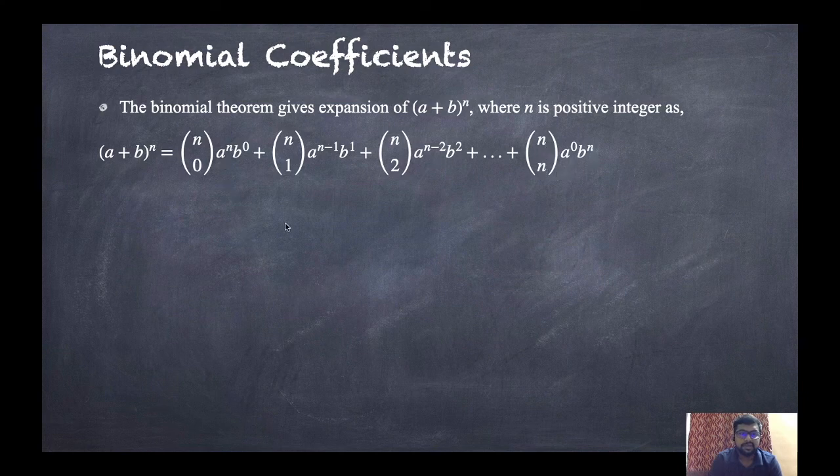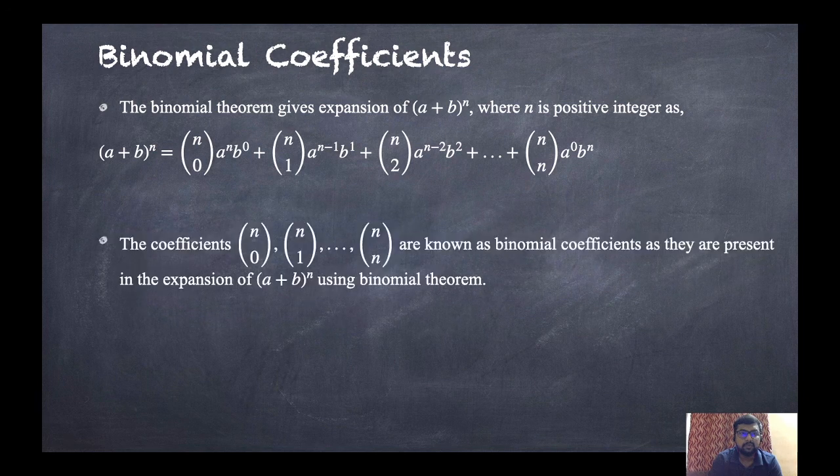That means here a's power is decreasing and b's power is increasing. Now the coefficients nC0, nC1 up to nCn are known as binomial coefficients as they are present in the binomial expansion of a plus b raised to n using the binomial theorem. So that is why they are known as binomial coefficients nC0, nC1 up to nCn.